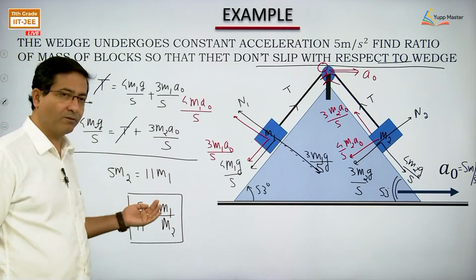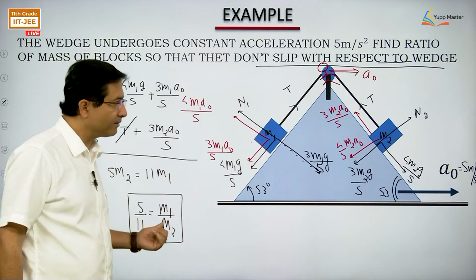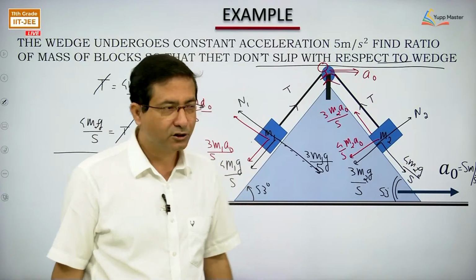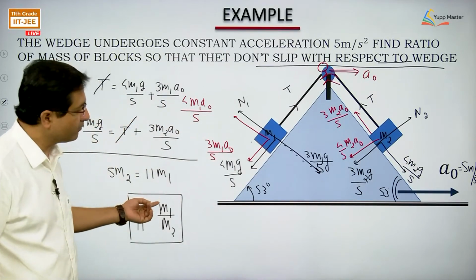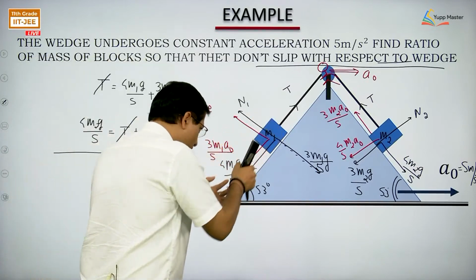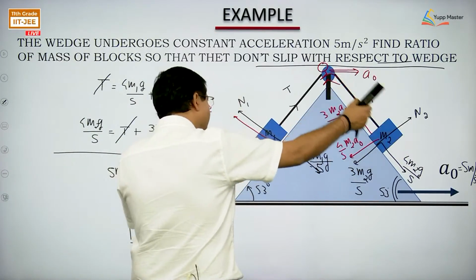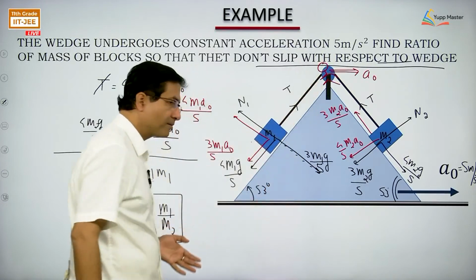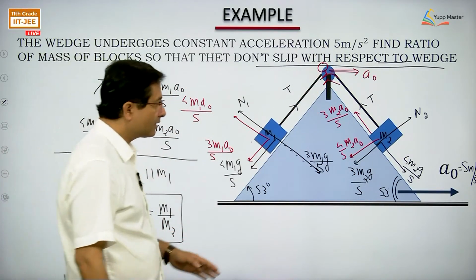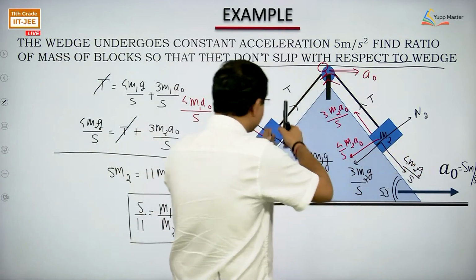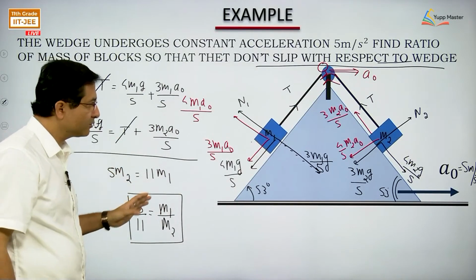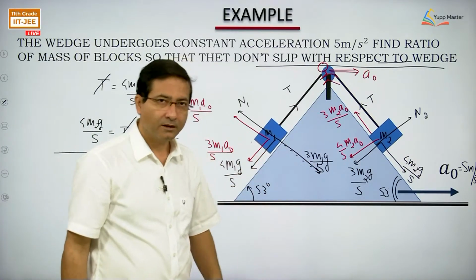If the ratio of blocks is 5 by 11, then they will remain stationary. If the ratio M1 by M2 is greater than 5 by 11, then this will slide this way and this will slide this way with respect to the observer, right? If the ratio is less than this one, then this will go in this direction and this will go in this direction, right. So for this particular ratio they will appear stationary.